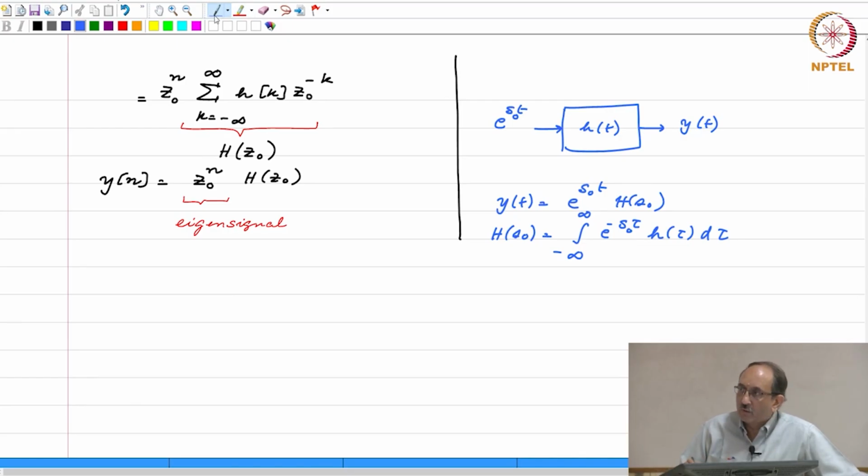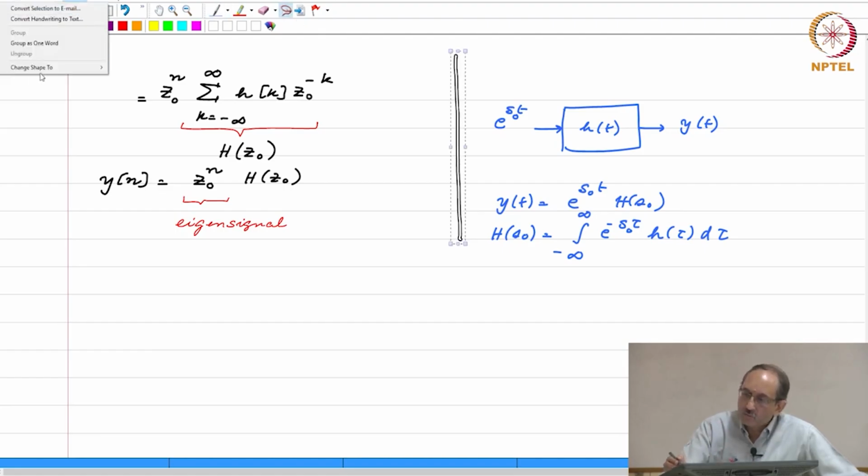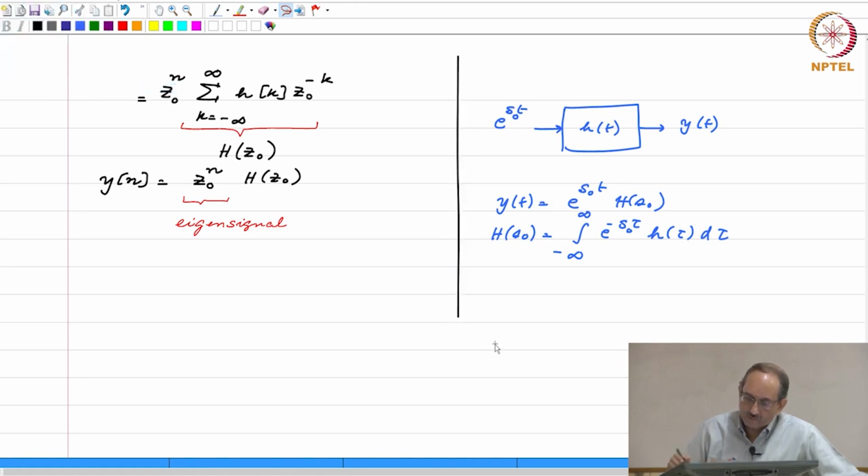And this should also immediately tell you something. Do you see a problem here between Laplace and Z, the way we have been using the notation? Of course, the mathematicians will be appalled by this, but we take it in our stride.